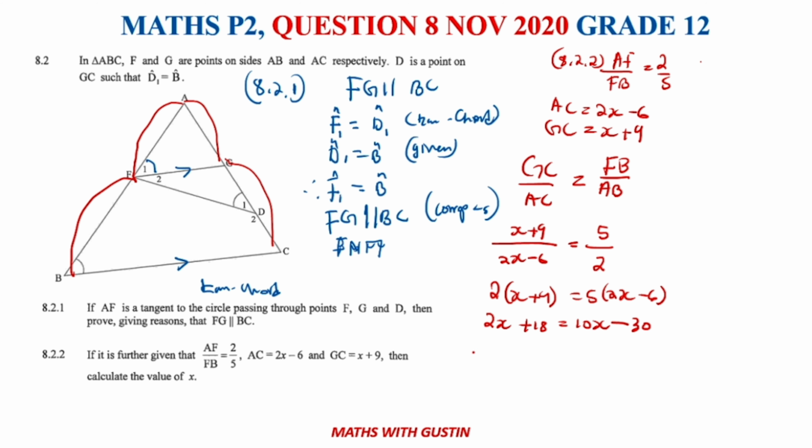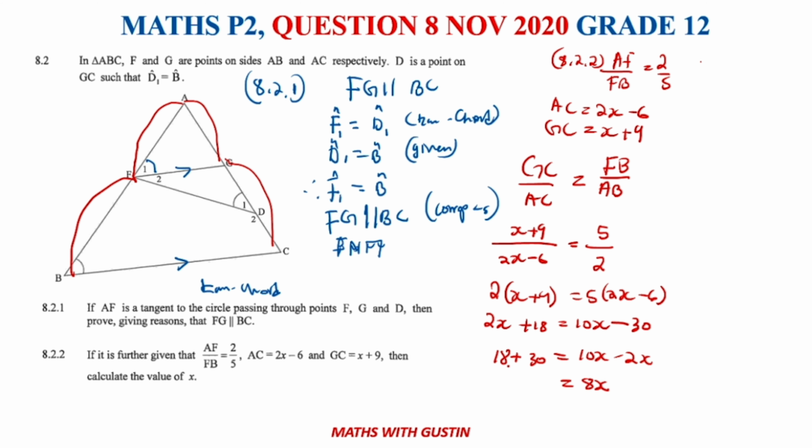All right, then if we rearrange this and take x to that side, we are going to have 10x minus x, and this side we are going to have 9 plus 30. Is it? Oh yes, it is. Okay, so this side we are going to have 9x.